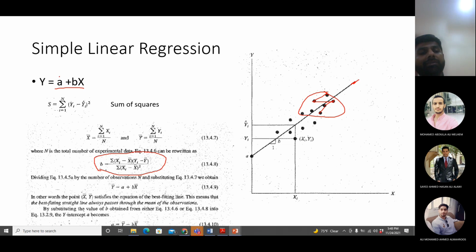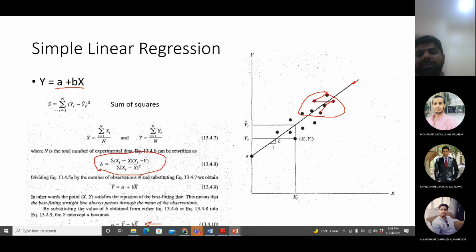So I can now use this equation to find out the value of a. So a equals to, you can see this one. What they have done, y bar equals a plus bx bar, again assuming that this equation is now perfectly accurate. So you know y bar, x bar, and b. You take a on one side, everything else on the other side, and you get the value of a.